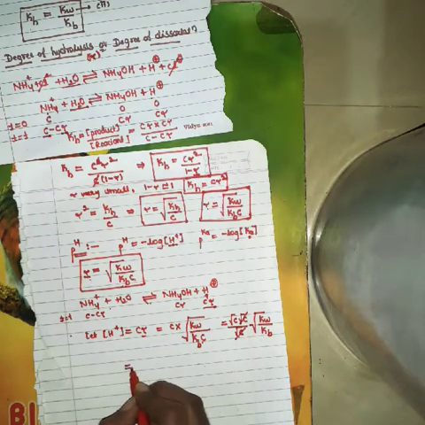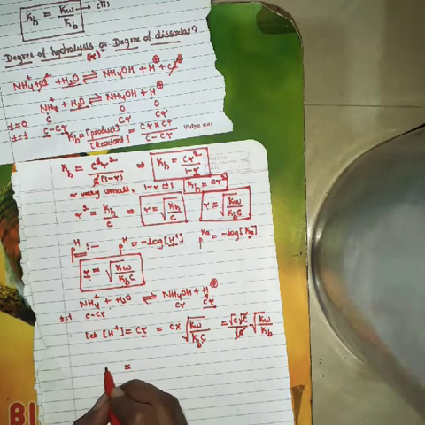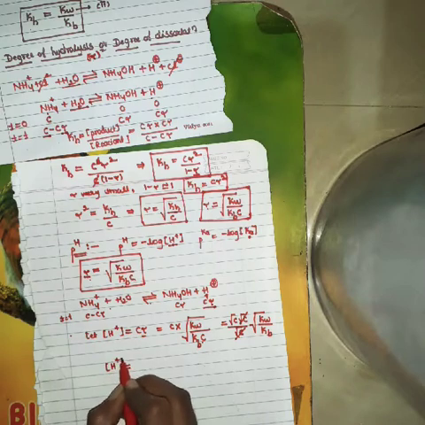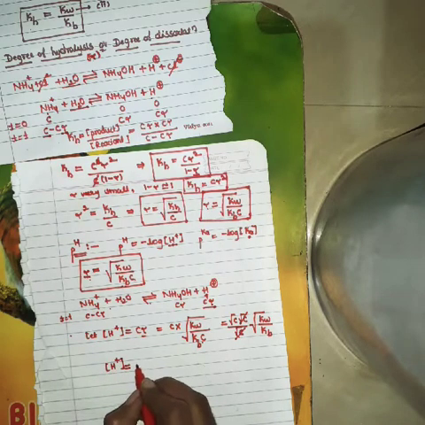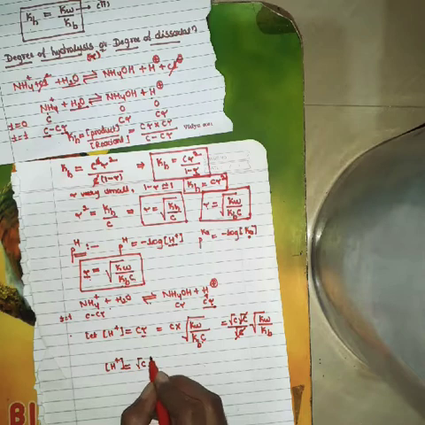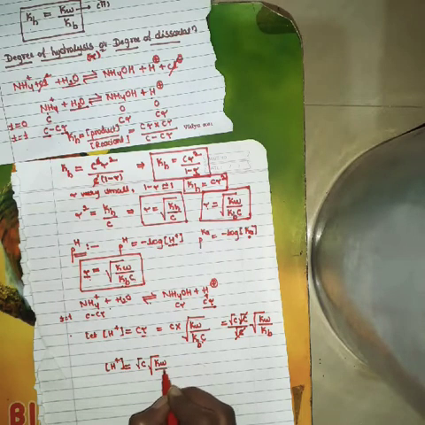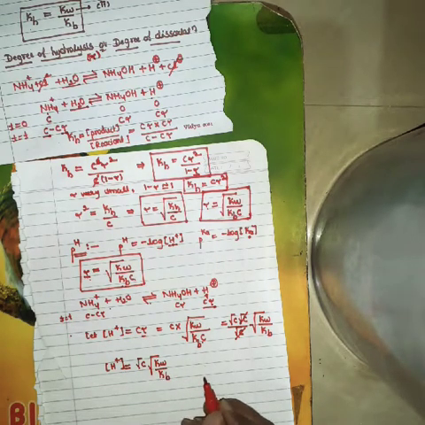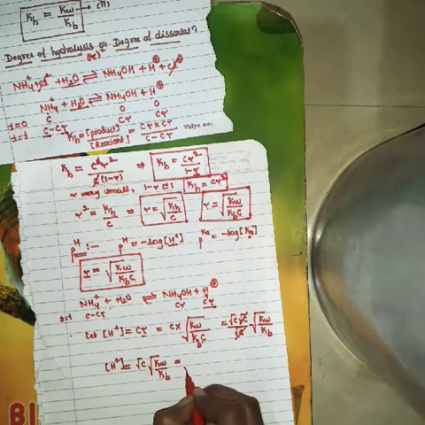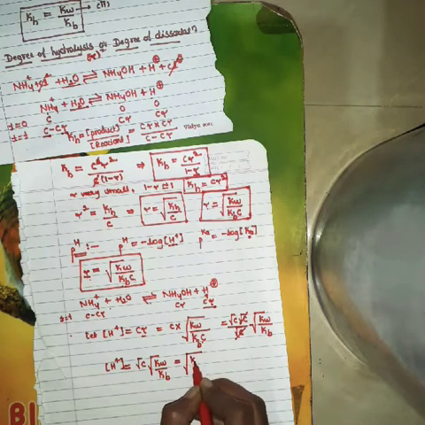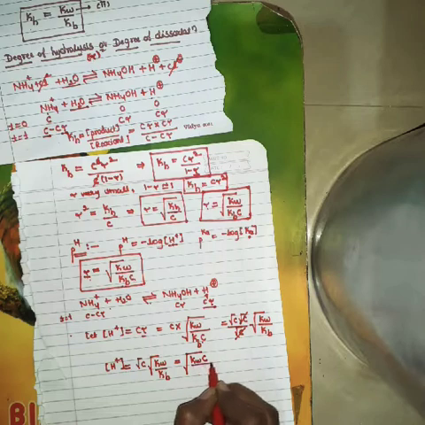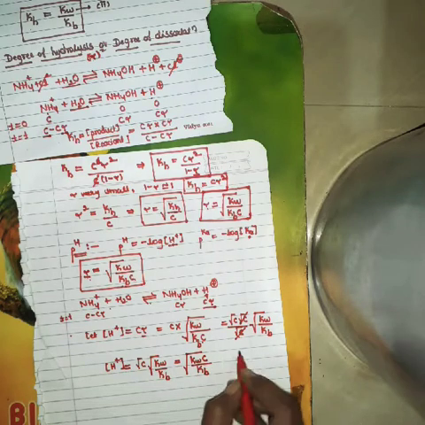Then the concentration of H plus is equal to square root of C and square root of Kw divided by Kb will remain. Then we write this as Kw into C divided by Kb.